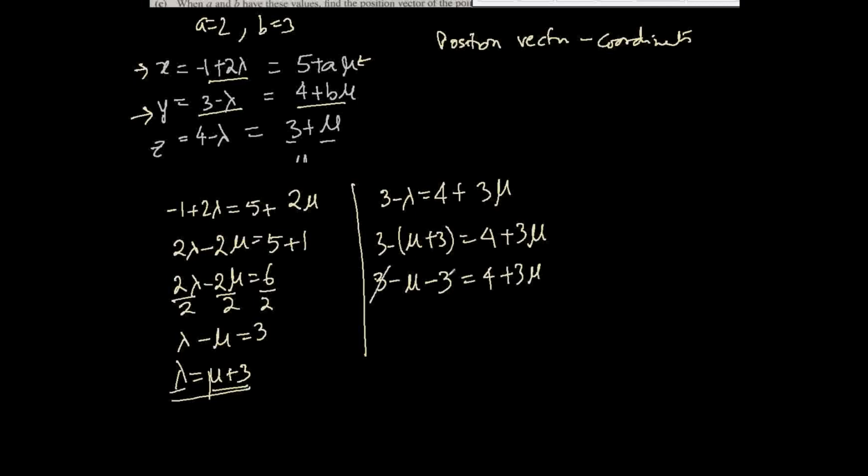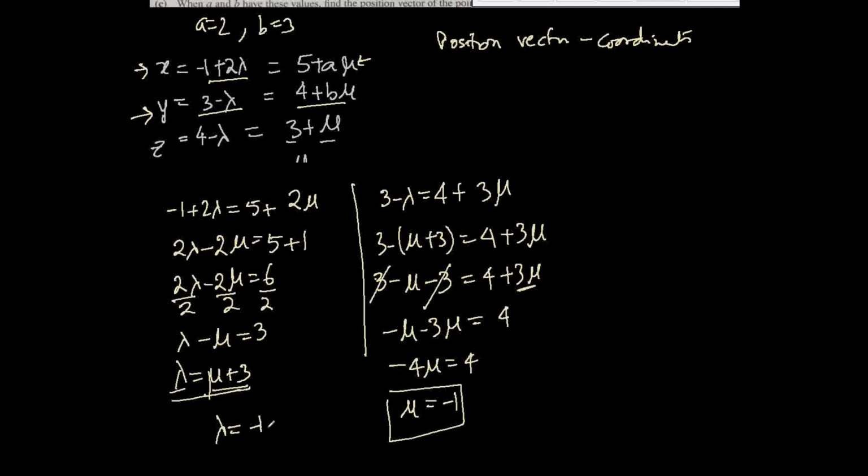The 3 and 3 cancel out. Let's bring this 3 mu to the left side. Minus mu minus 3 mu equals 4. Minus 4 mu equals 4. So mu is minus 1. Then what is lambda? Lambda was mu plus 3. Lambda equals minus 1 plus 3, which is equal to 2.